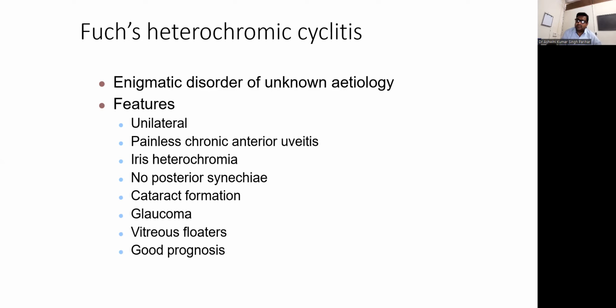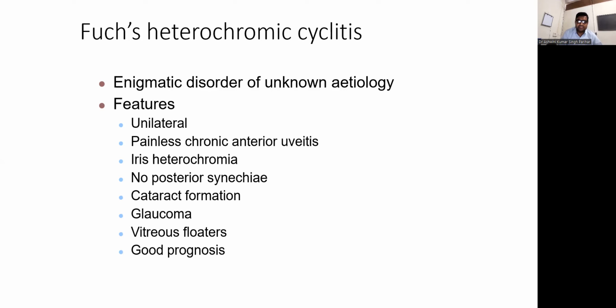Usually the patient will be a young adult, more in females, and it usually affects one eye. The patient will have the features of uveitis when it presents to you, and it's quite painless. So the patient won't be coming to hospital regularly, and it will be an incidental finding. You will find this condition sometimes when the patient comes for cataract surgery.